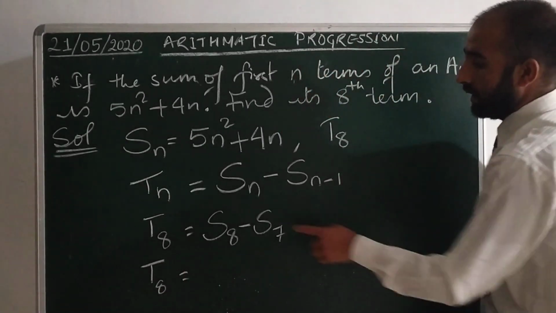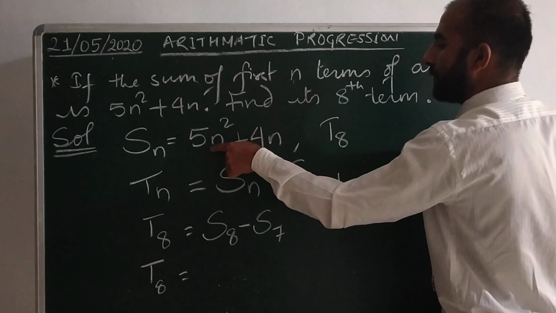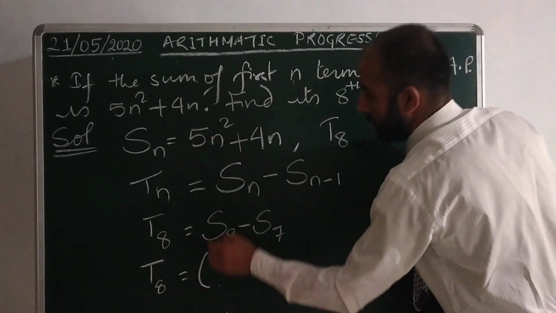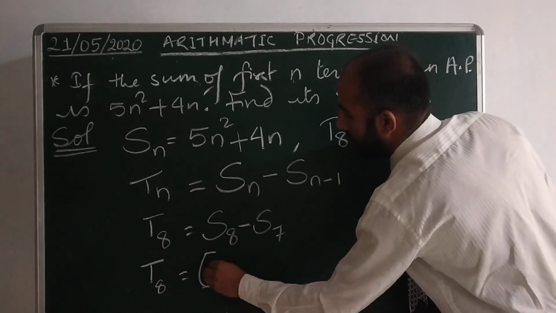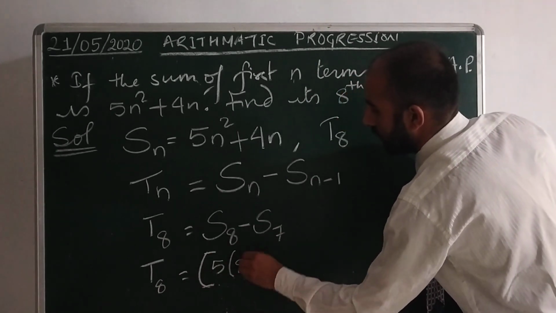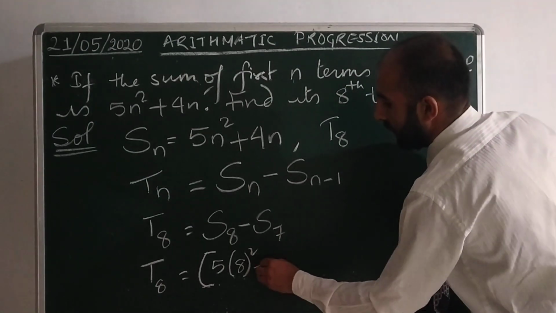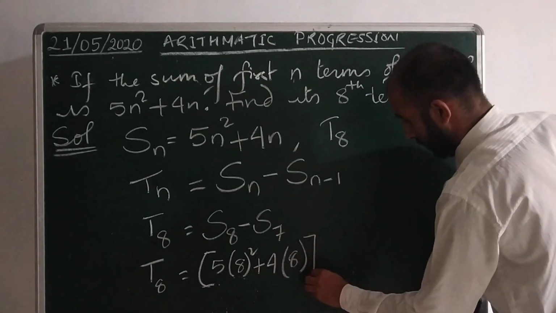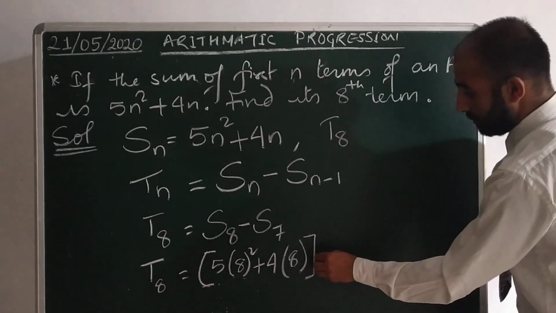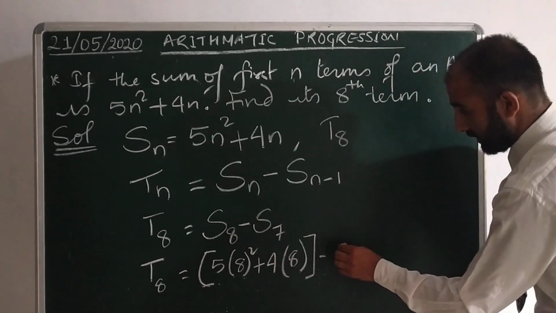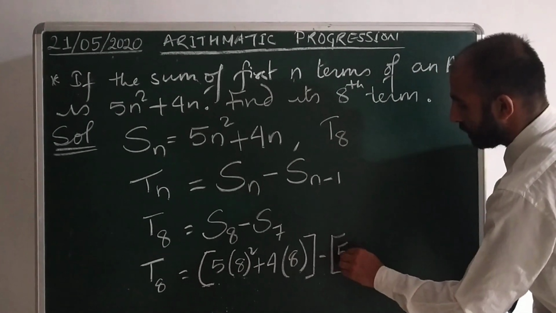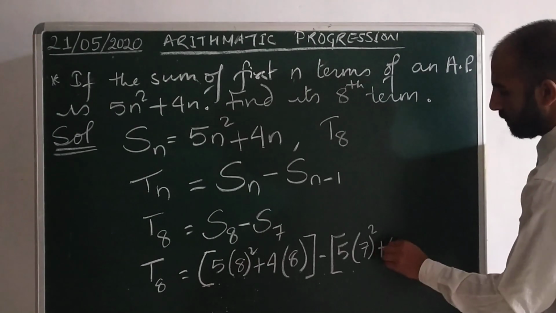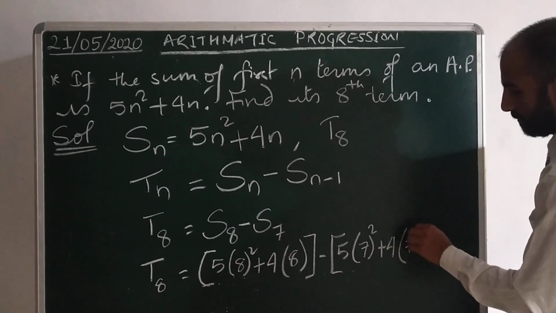T8 equals S8, that means in place of n we put 8. S8 is 5 into 8 square plus 4 into 8. So this is your S8, minus S7, that is 5 into 7 square plus 4 into 7.